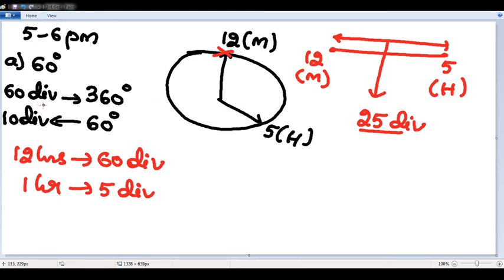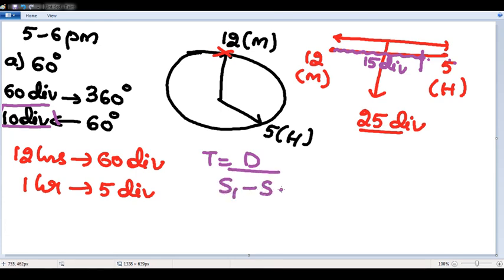How many divisions do I require? 10 divisions. Step number 1: the minute hand will travel 15 divisions and it will stop. If I stop here, what is the gap right now? 10, which we require. Time is equal to d by s1 minus s2. Distance travelled will be 15 divided by 1 minus 1 by 12.